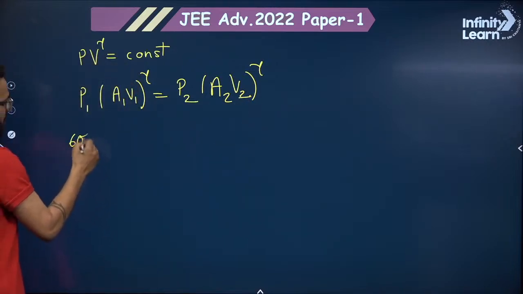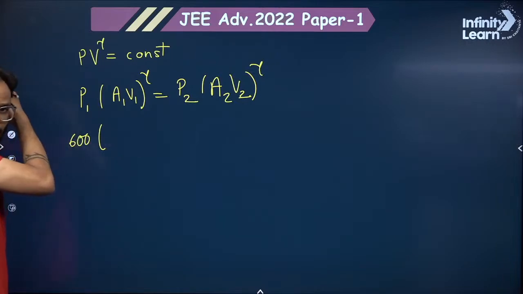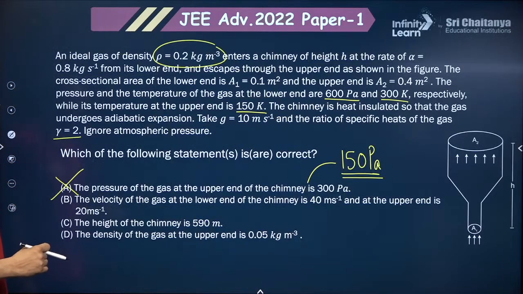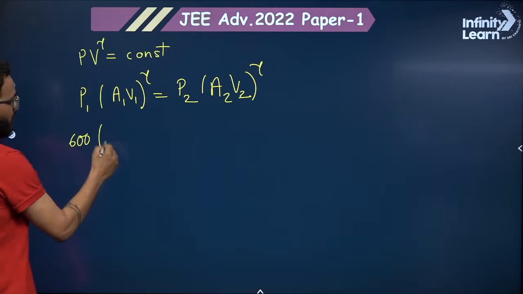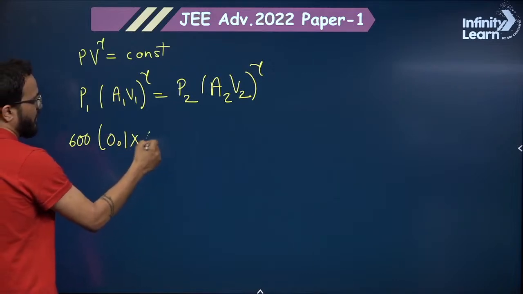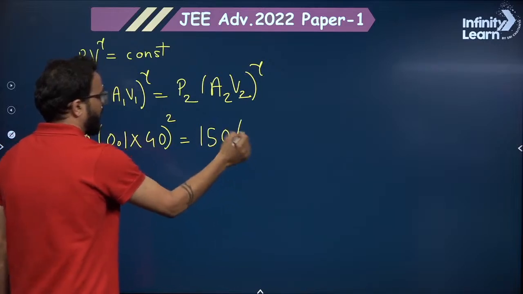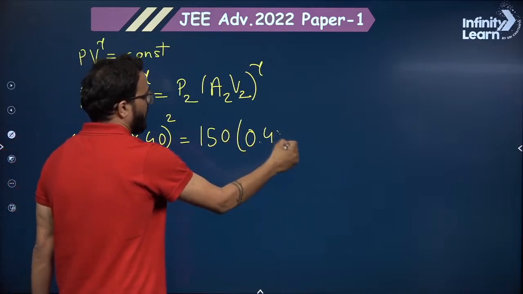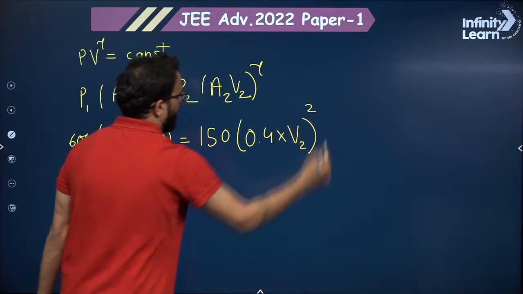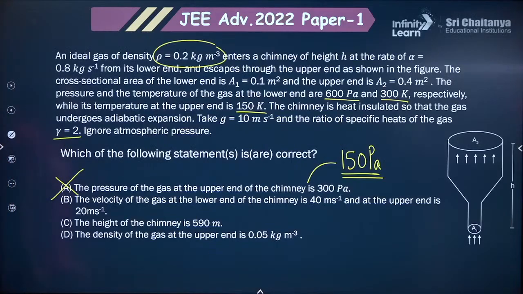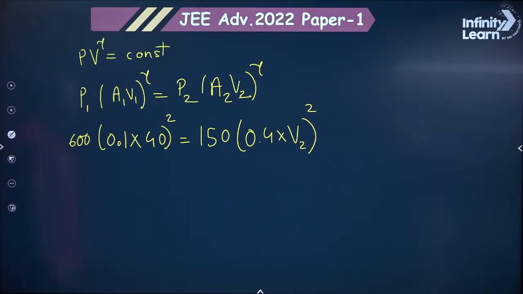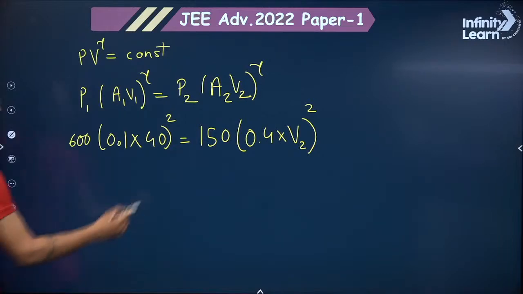P1 is 600, area A1 is given to us, 0.1. So 0.1 into V1, which is 40, whole square, is equal to 150 into A2, I guess 0.4, into V2 whole square, right? Okay, A2 is 0.4, fantastic, and P2 is 150. So can we solve it now?